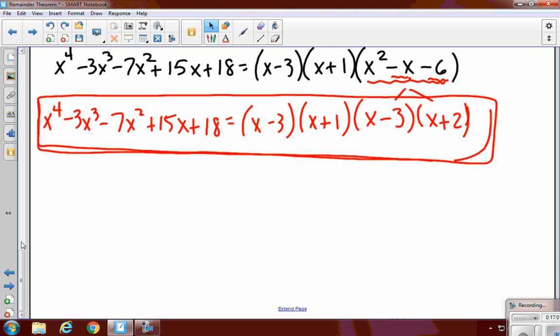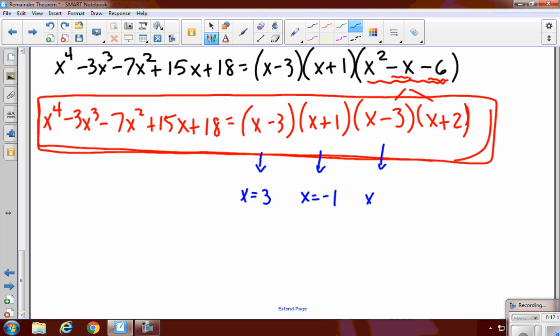But just to take it a step further and deepen our understanding, that means this graph has an x-intercept at 3, at negative 1, another one at 3, so there's a multiplicity happening there, and then at negative 2. So we can see that this is fully factored.